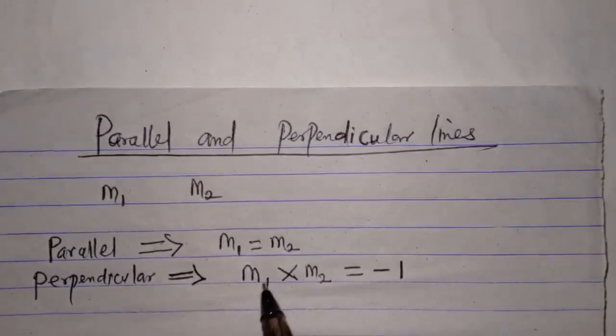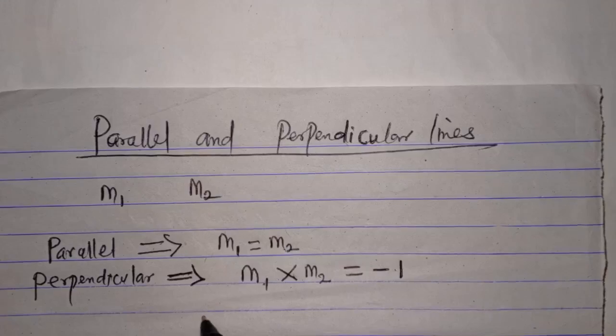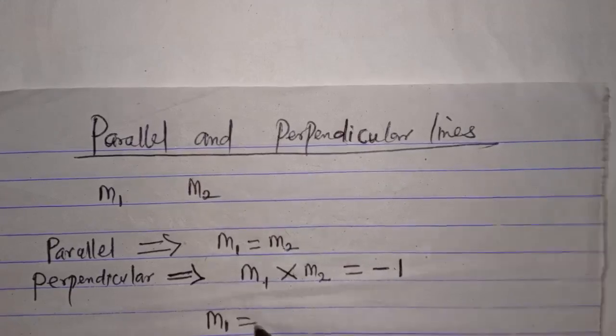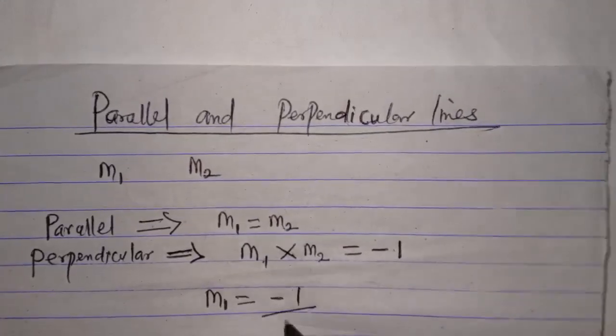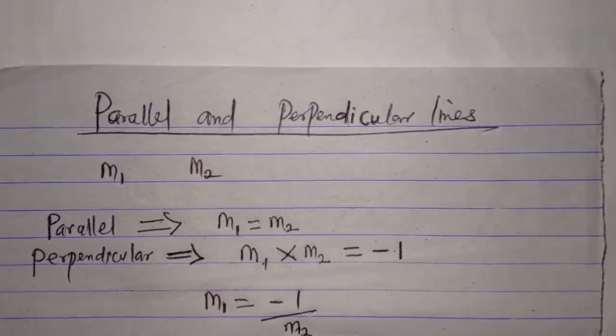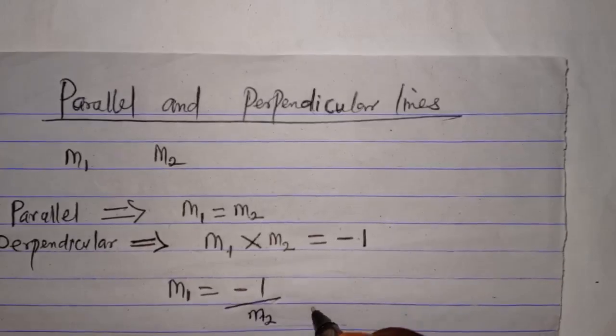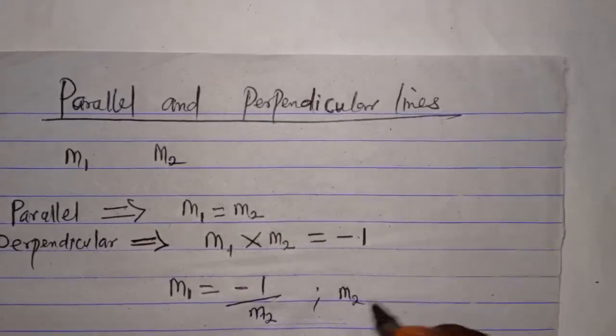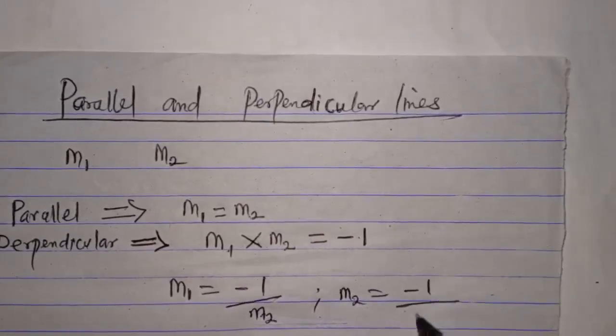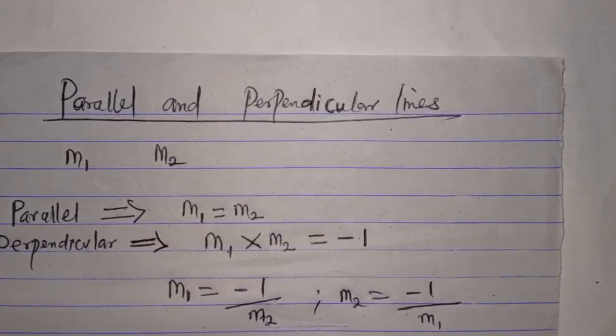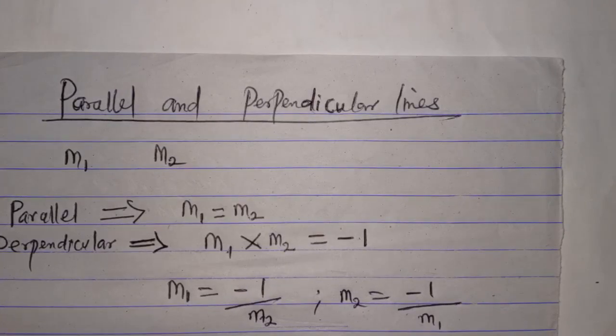I hope you know that from this equation here, I can say that m1 is equal to -1 all over m2, right? And I can also say that m2 is equal to -1 all over m1. That is, if I divide both sides by m1 and m2 respectively.